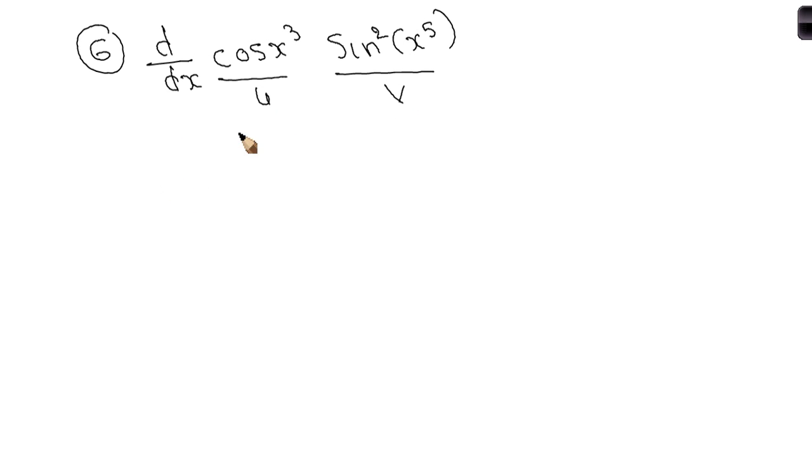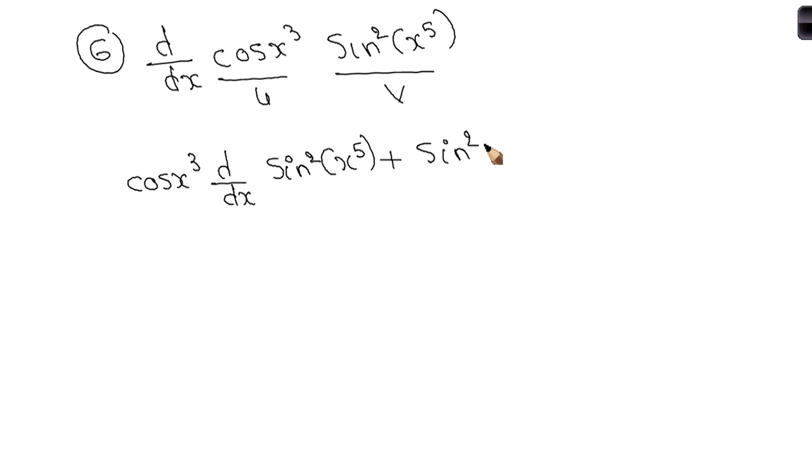So this would become cos x cube into derivative of sin square x power 5, plus sin square x power 5 into derivative of cos x cube.